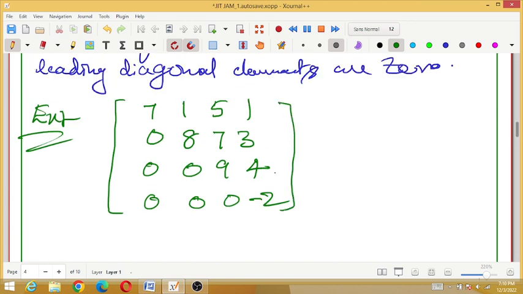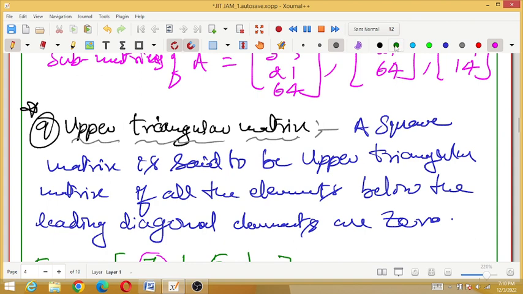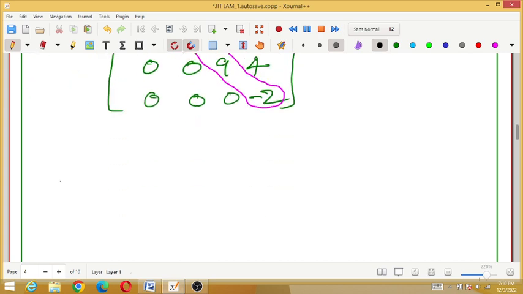Any one, not a problem. Here, this is the principal diagonal. This is below the principal diagonal elements. How are they? 0. So that's why this is an upper triangular matrix. If you understood this one, I will move on to the next one.